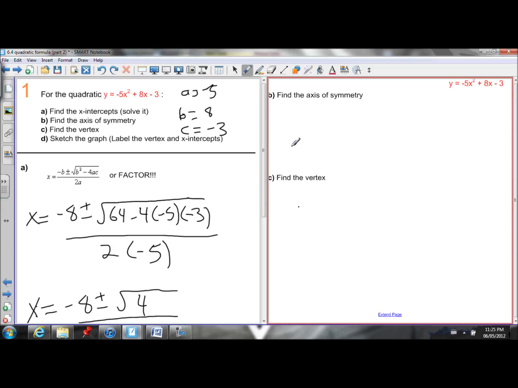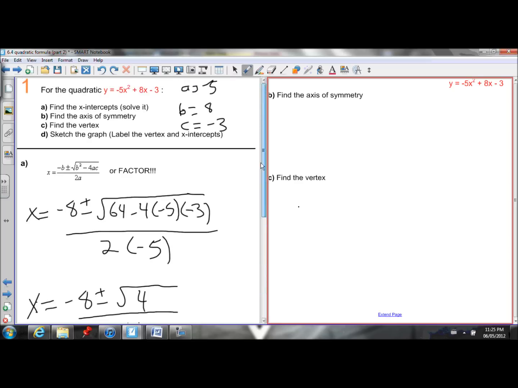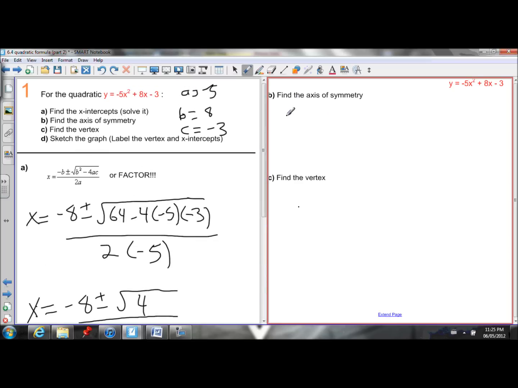To find the axis of symmetry, I can add those x-intercepts and divide by 2. That will give me the same answer as if I just do negative b over 2a. That's the general formula, so I'll do that. Negative b, so negative 8, all over 2a. 2 times negative 5 is negative 10. This will equal 0.8.